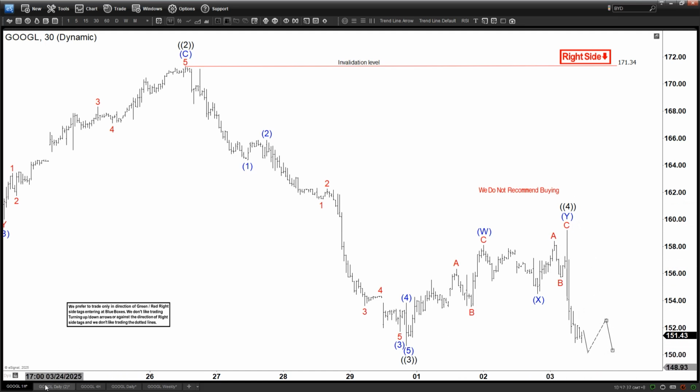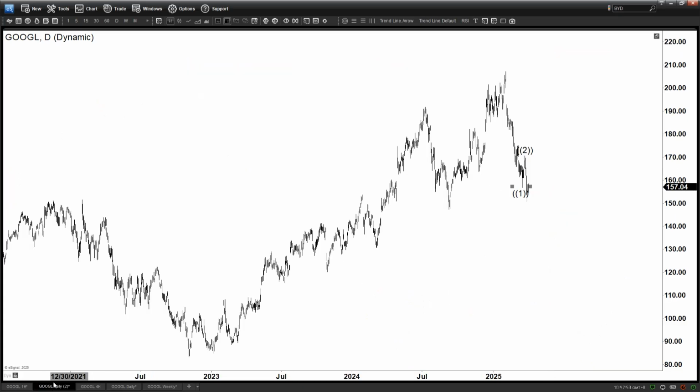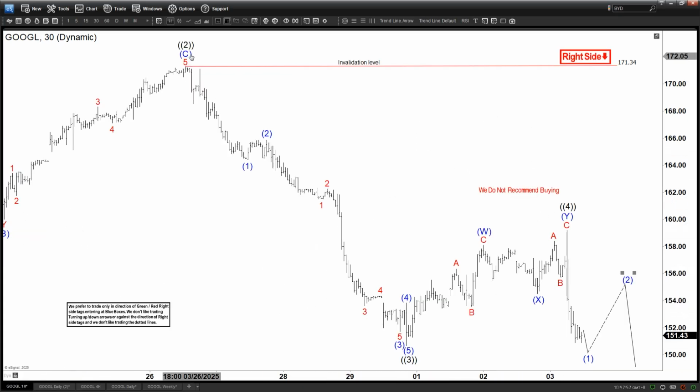Now let's zoom out on the daily time frame and get some ideas about what it is that we are looking at right now. So here is the shorter cycle. If I switch to the daily time frame and I put down this wave 1 and wave 2, this 2 here, and then the 3 and the 4 there.